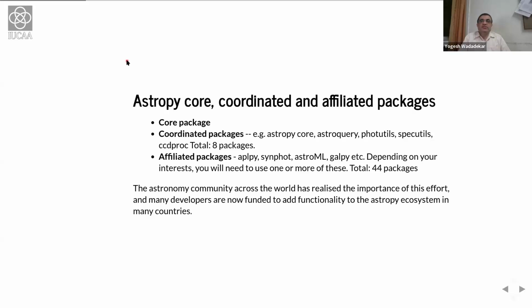This means that if there is a change board or a group of core developers that are developing a package, for example, AstroQuery, then that group also has representatives from the core Astropy developers. And this is to ensure that any new code that enters one of these coordinated packages is consistent with the overall architecture of the Astropy module.